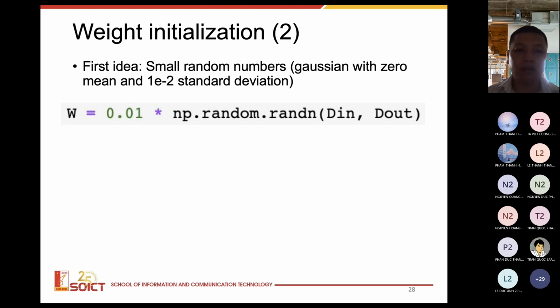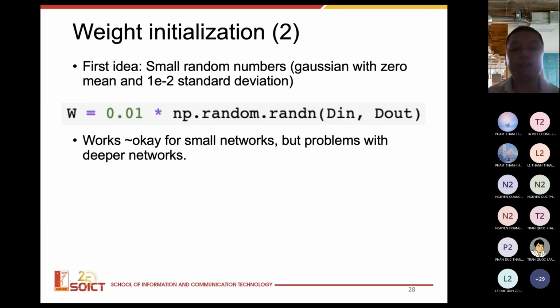Now the second idea is to initialize the weights with small random numbers. The random numbers may be generated from a Gaussian with zero mean and a small standard deviation, for example. This is the way you initialize the weight W, and it looks okay in the beginning.